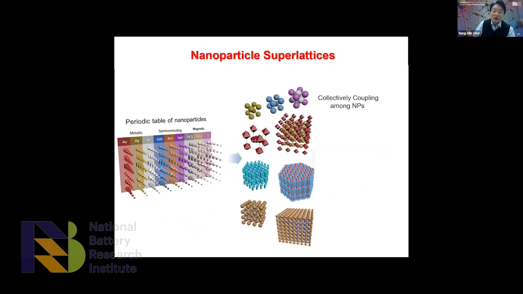So now if we can use this nanoparticle as a building block, and then if we can make a different combination of nanoparticles with a different symmetry, then these nanoparticles will have some coupling, as in the atomic coupling in an atomic crystal.